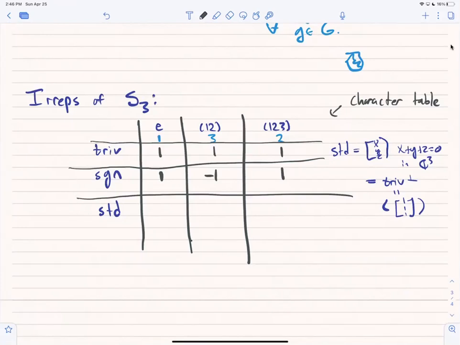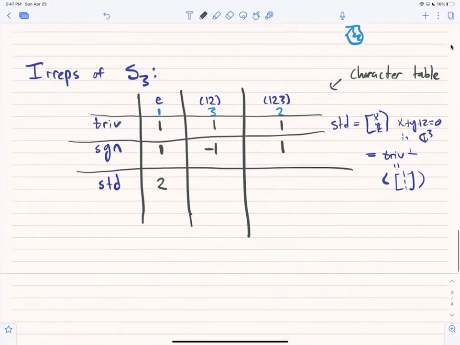So the dimension of this one is 2. It's cut out by one equation in 3-dimensional space, so this is 2-dimensional. But then we have these 2 columns left to compute. So let's just do them.